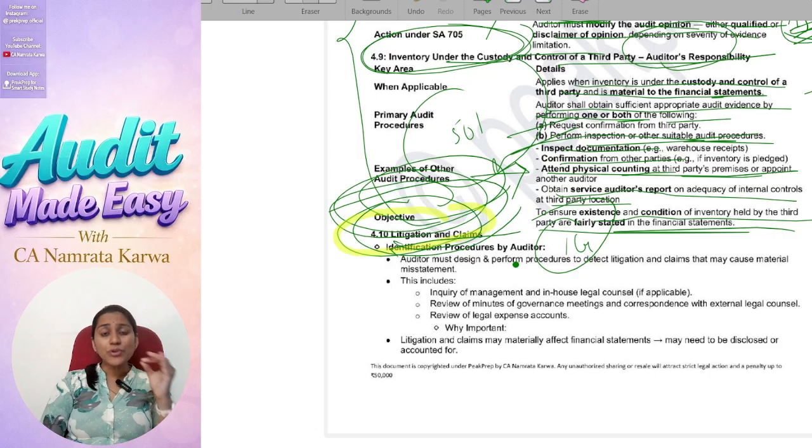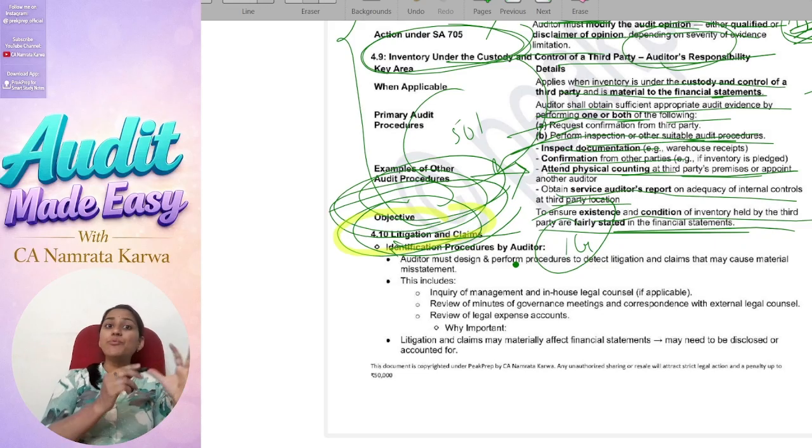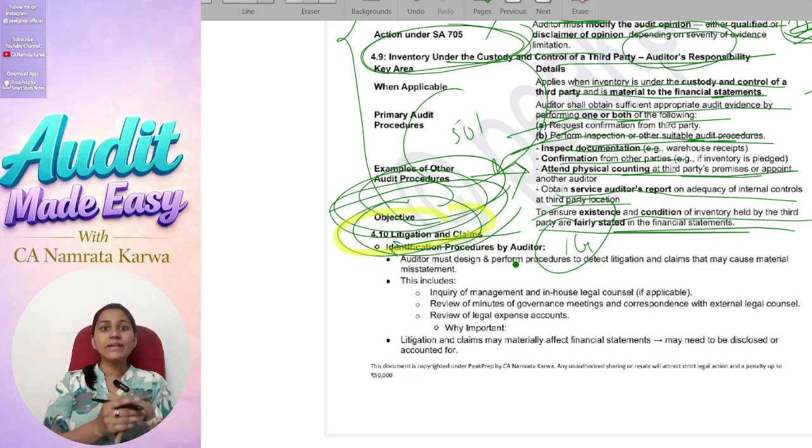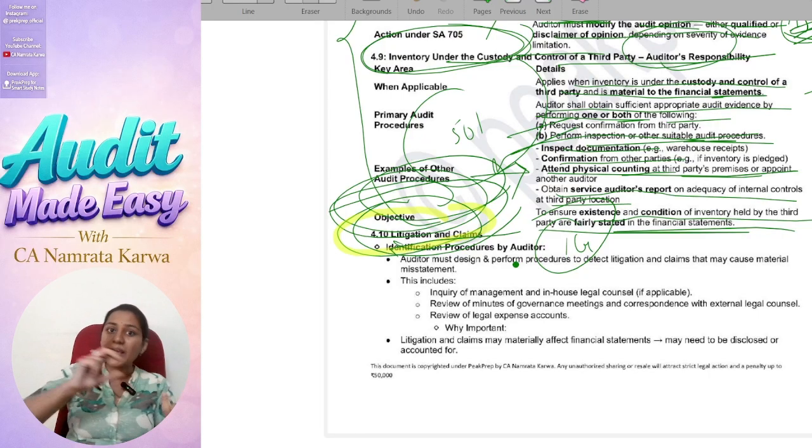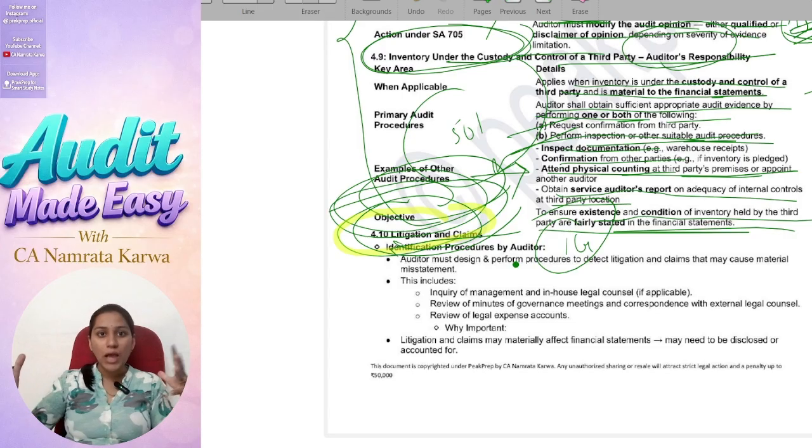Isn't that really important for the company, and it needs to be properly disclosed, and it is the responsibility of the auditor to make sure that he identifies such litigations and claims which are going on against the company.